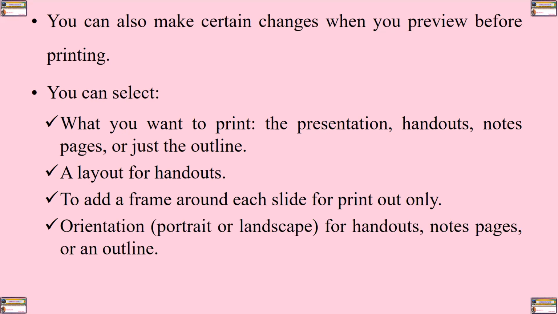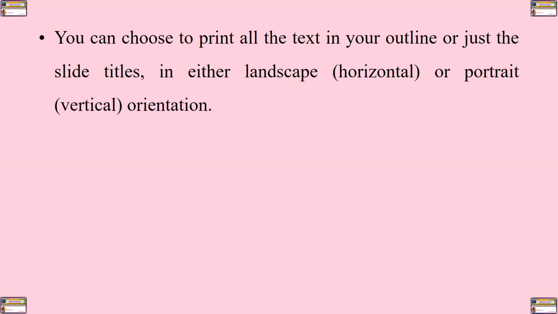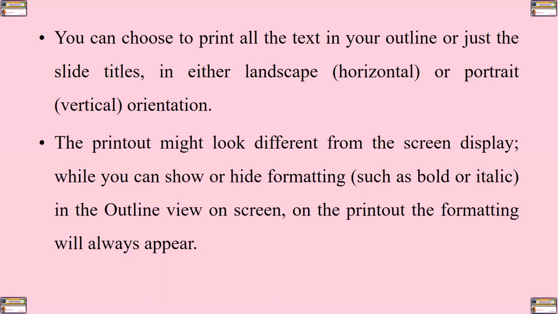In addition, you can select the orientation, that is portrait or landscape for handouts, notes pages, or an outline. In addition, you can select the header and the footer options. You can choose to print all the text in your outline or just the slide titles in either landscape, that is horizontal, or a portrait, that is vertical orientation.